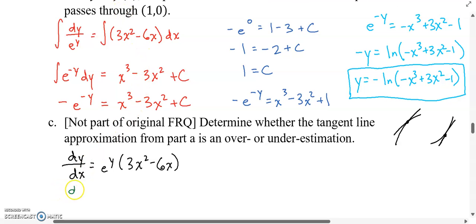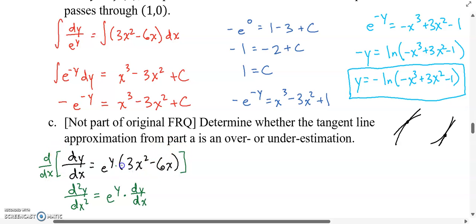So we're going to take the second derivative of our solution. So we're going to take the derivative of our differential equation. This is a product of two variable expressions, so we're going to use the product rule. Derivative of the first is e to the y, but don't forget the chain rule. That's going to multiply by dy dx. Remember, what we're doing is we're taking the derivative with respect to x of both sides of this equation.